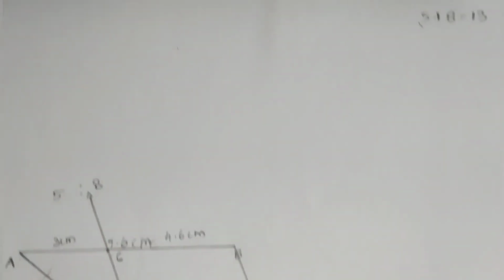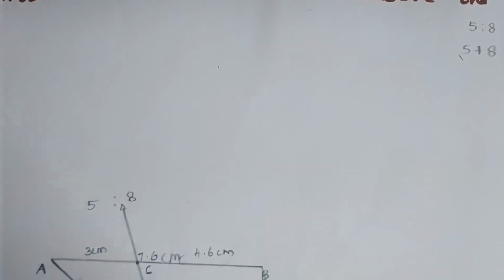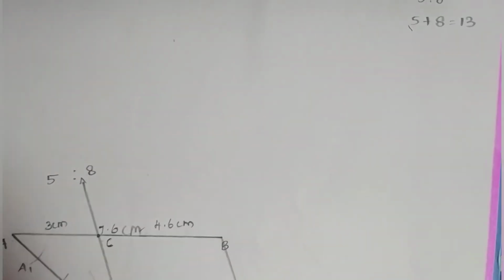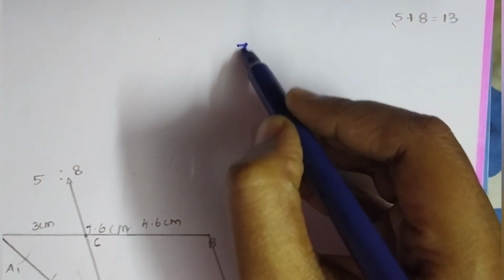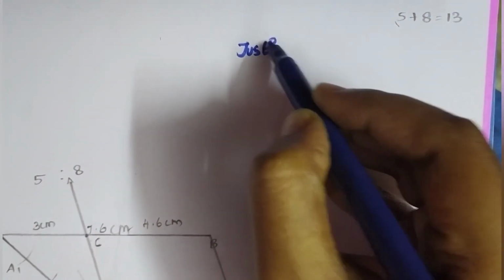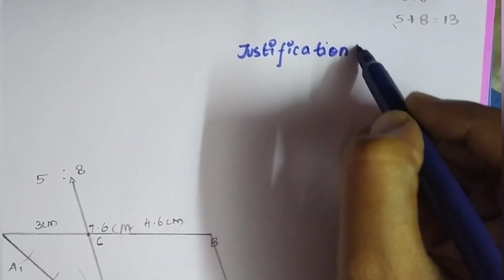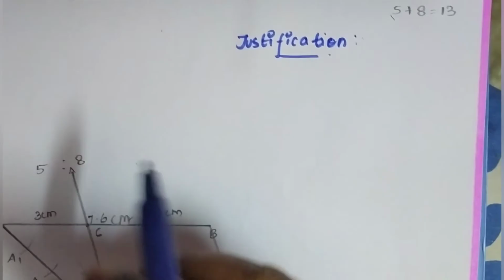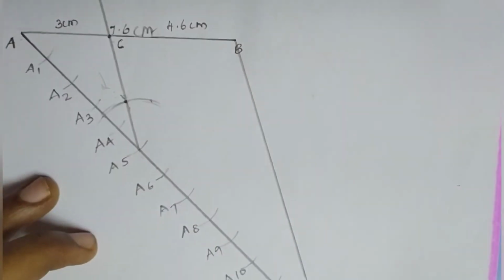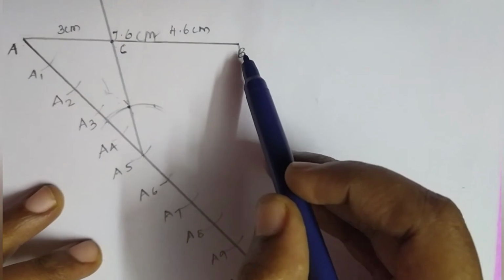Okay. So how to justify? We have to justify this one. Justification: this is a triangle, A13.